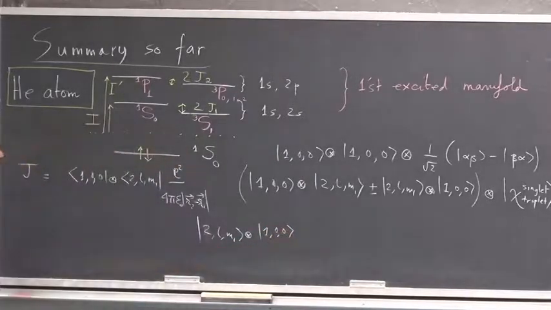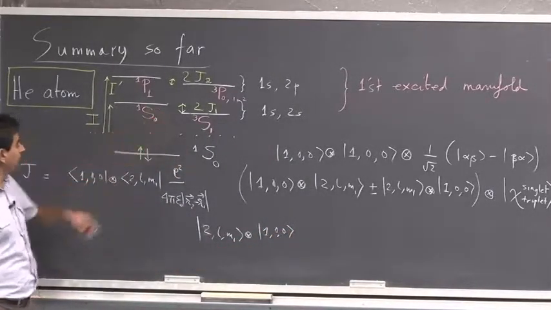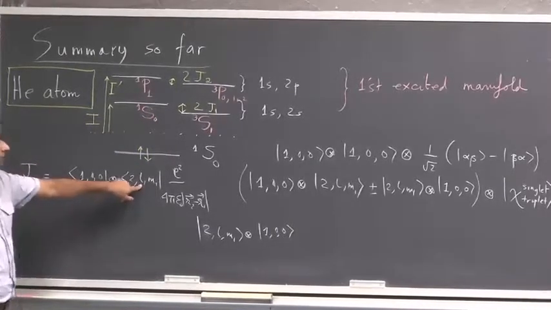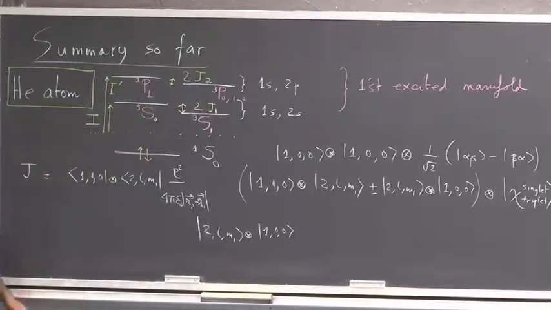So this is our J. For this manifold, I just put in L equals 0 here. For this manifold, I put in L equals 1 here. So this is the exchange integral.